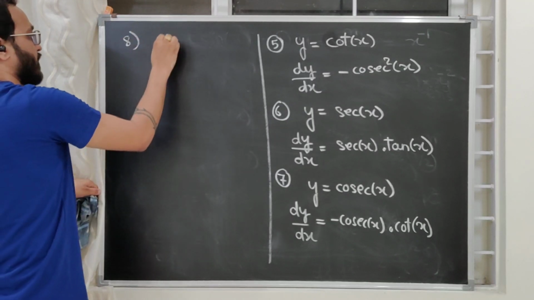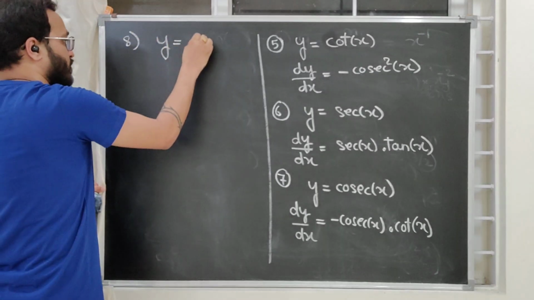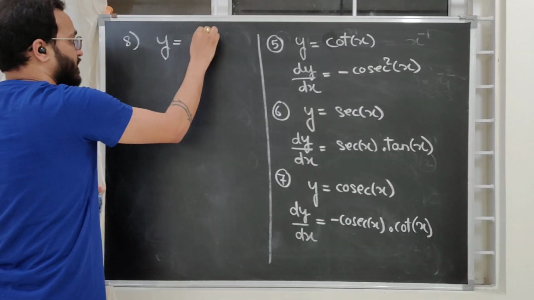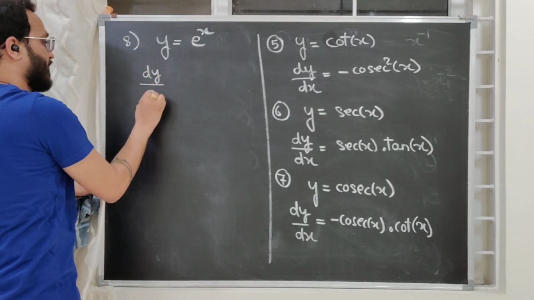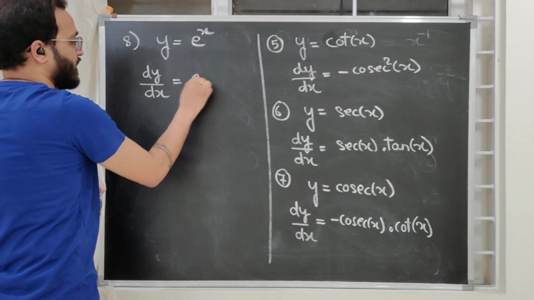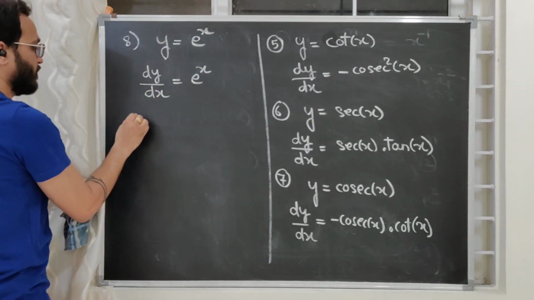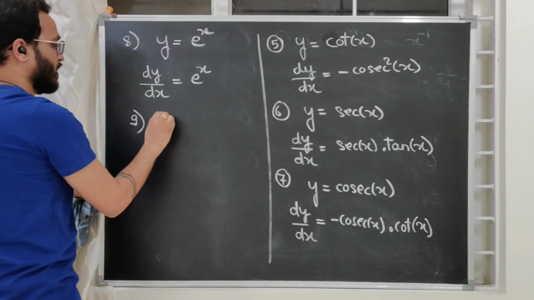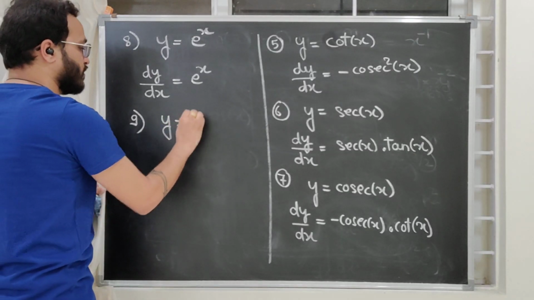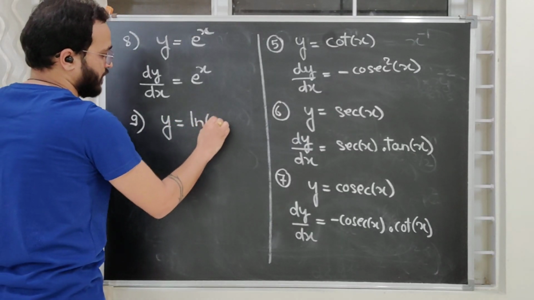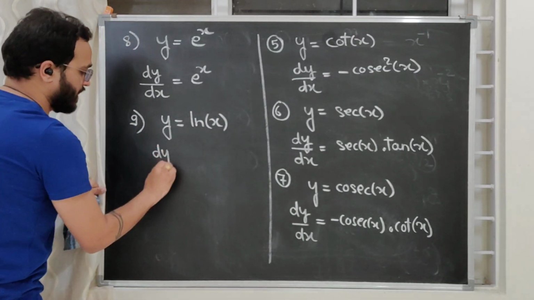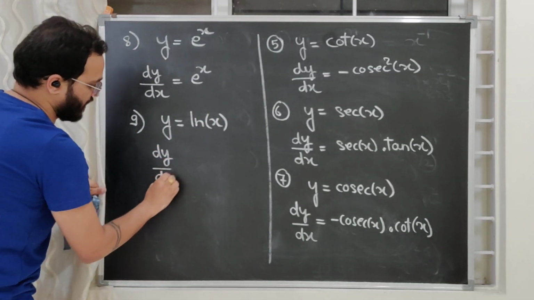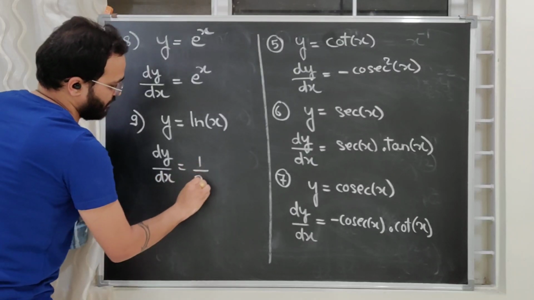Eighth is, if y is equal to e to the power x, e is a constant, then dy by dx remains e to the power x only. Y is equal to ln x. What is ln x? Log to the base e. Then dy by dx will become 1 by x.